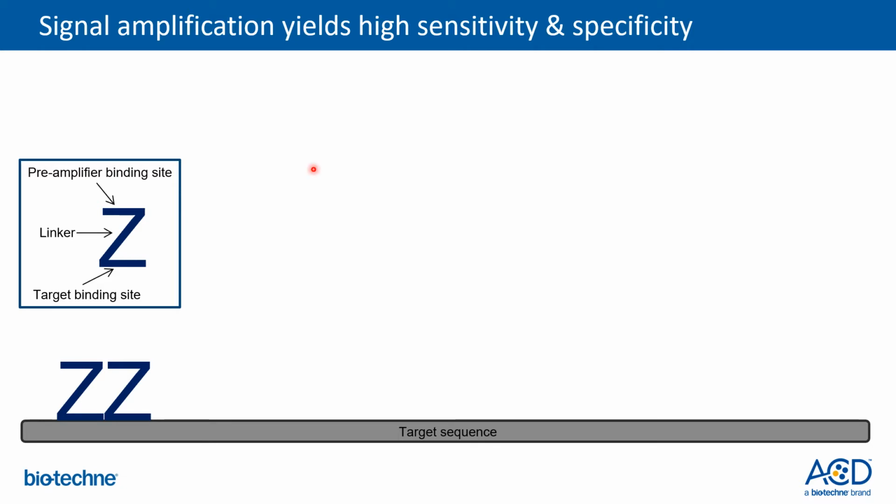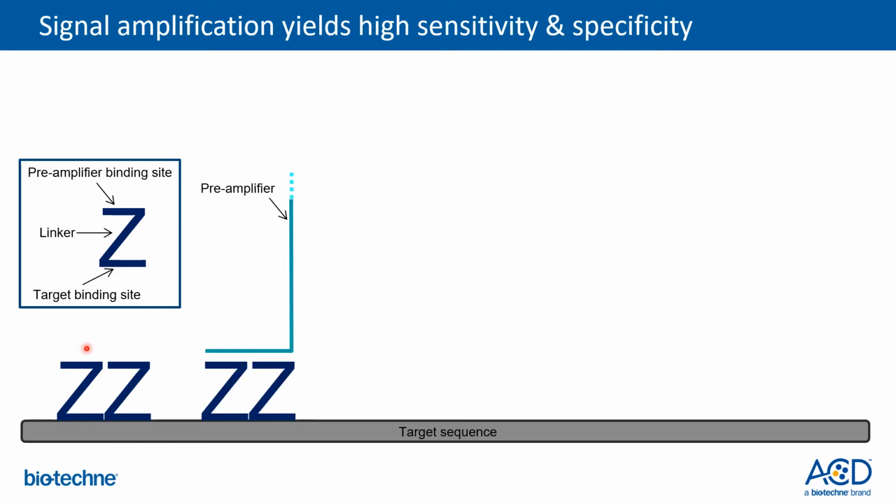Next, I want to talk to you about the two key features of this technology, something that sets this technology apart from some of the other assays that are out there, and that is the probe design strategy and the signal amplification system.